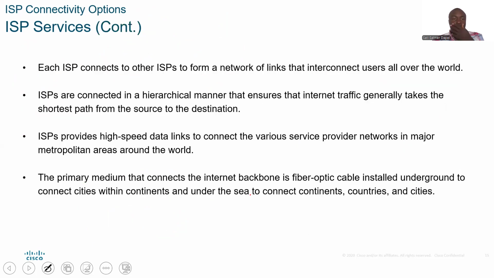So each ISP connects to other ISPs to form a network of links that interconnect users over the world. ISPs are connected in a hierarchical manner that ensures that internet traffic generally takes the shortest path from the source to the destination. Internet service providers use high-speed data links to connect the various service provider networks in major metropolitan areas around the world.